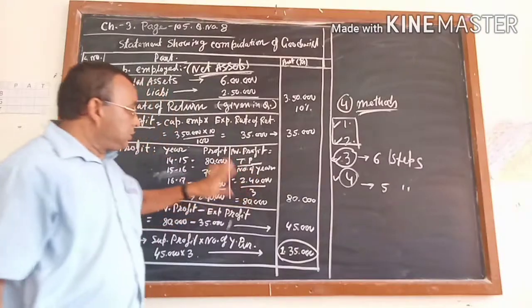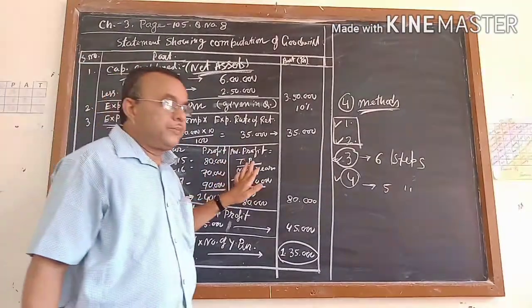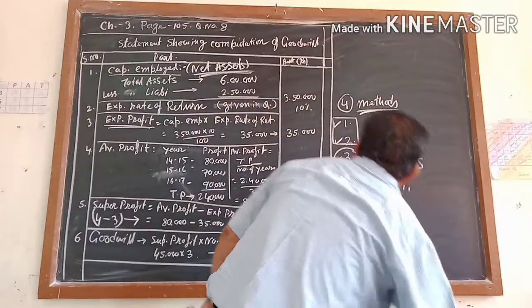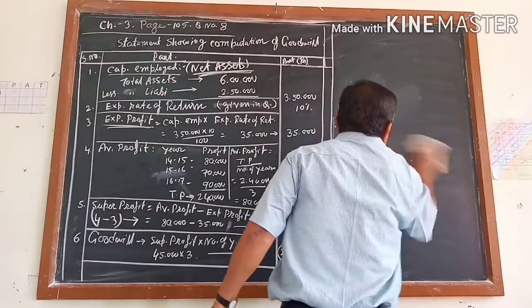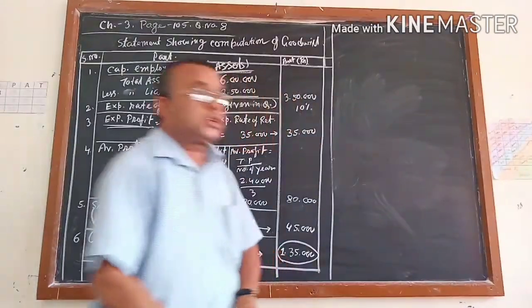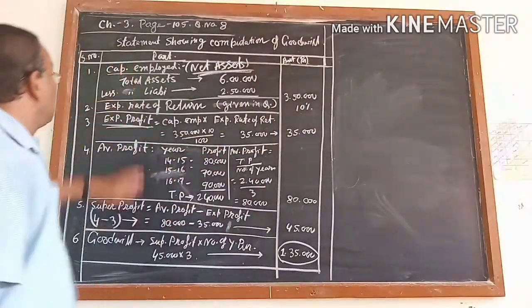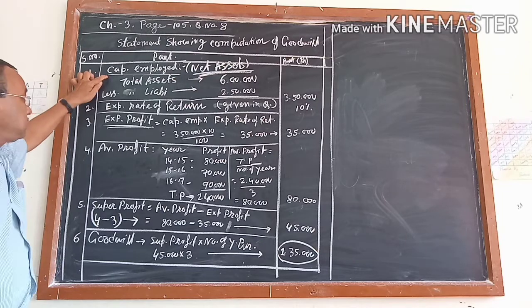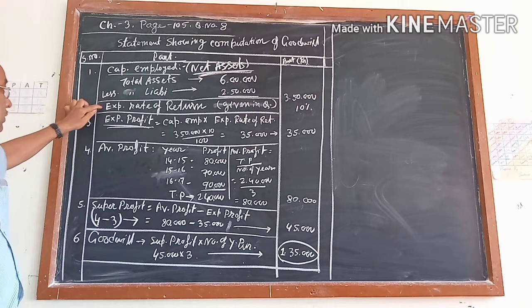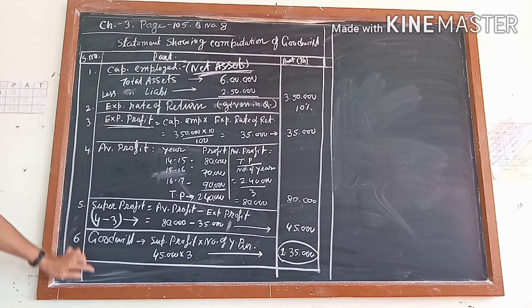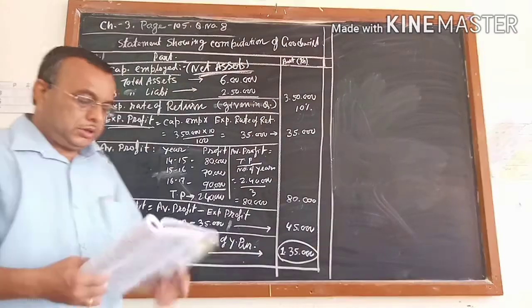Third method, let me do one more sum so that you can understand the difference between the previous one and the next one. So I think this is clear to all of you: first, second, third, fourth, fifth and sixth steps. Capital employed, expected rate of return, expected profit, average profit, super profit and goodwill.